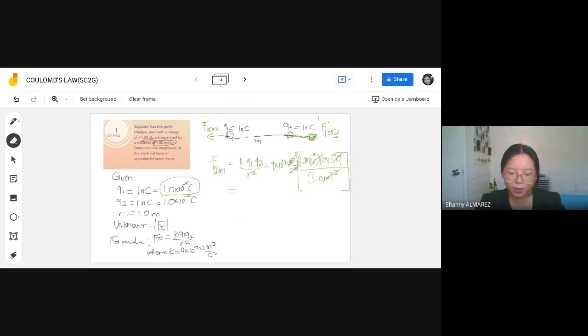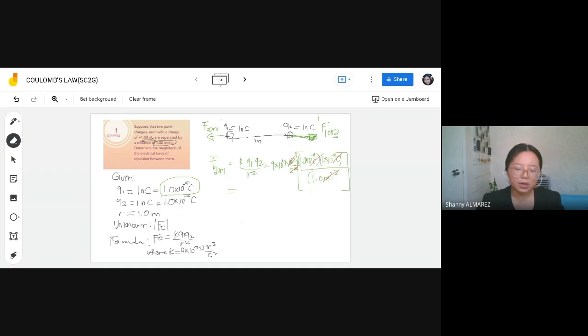On the numerator, we have 1.0 times 10 raised to negative 9. So since parehas lang ang value nila, pwede mo siyang square. Pero kung hindi ka confident, pwede mo rin ulitin yung term na 1.0 times 10 raised to negative 9. Then on the denominator, you will have 1.0 meter. Then you will just square it. Okay.